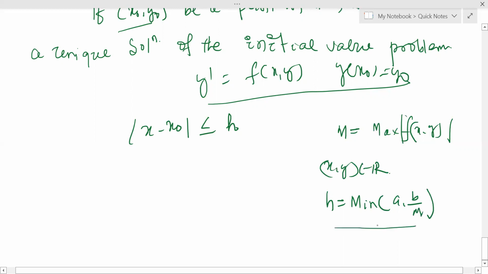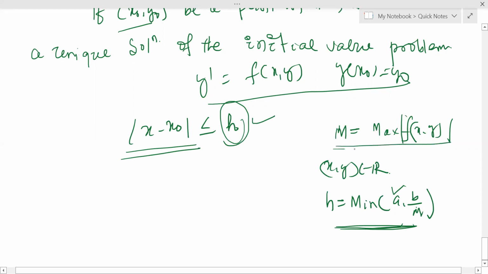Now this is the Lipschitz condition. You need to calculate the h value, and we satisfy the condition |x − x0| ≤ h, where h is the minimum value of a comma b by M. a and b are already given, and M is calculated here.